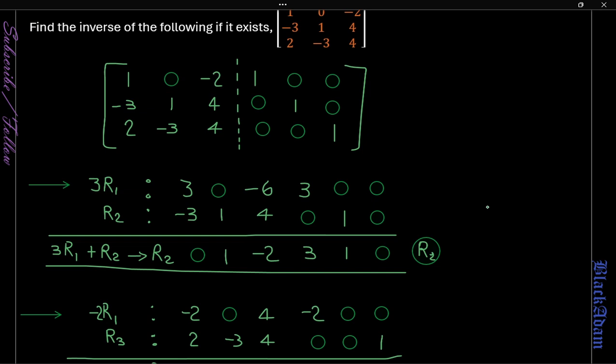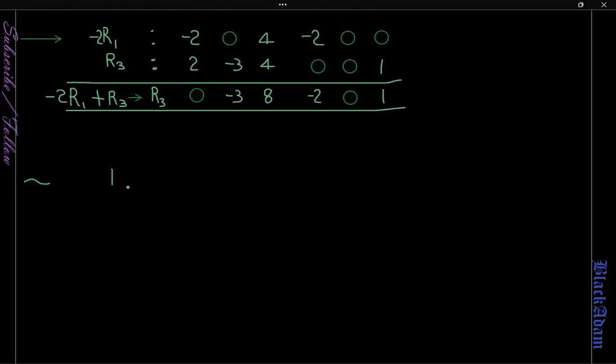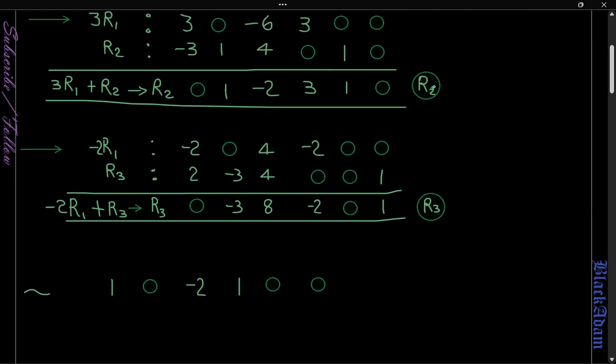Row 1 stays intact, so we have 1 0 -2 1 0 0. That's row 3 being handled with rows 2 and 3, so we keep row 1 intact.